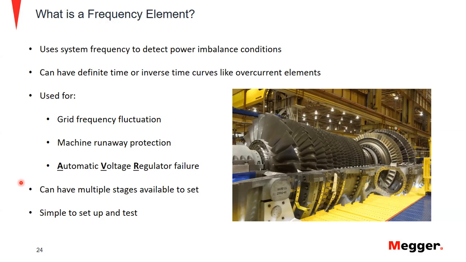What if a machine actually starts to run away, or the governor controls are not operating properly, or the automatic voltage regulator, or what we'll call the AVR, could fail as well. And when the AVR fails, the generator starts drawing reactive power from the grid, and now the generator is an induction machine.